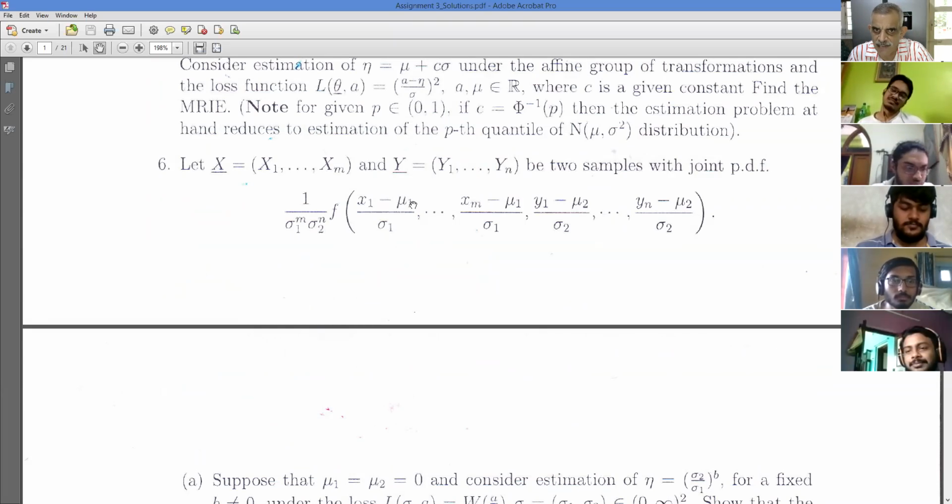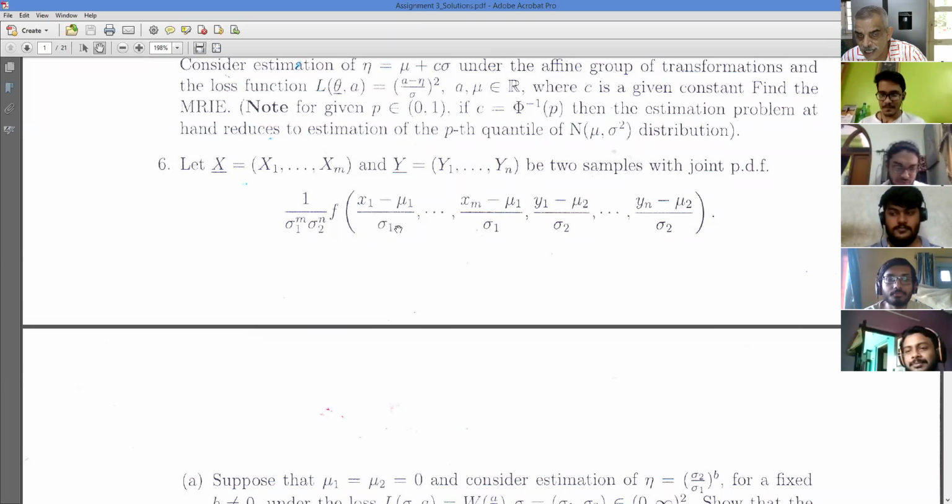Two degrees of freedom are available, one through mu1 and sigma 1, another through mu2 and sigma 2. So what should be the group of transformations? Should it be same as in the univariate case? No, in the univariate case there was only one parameter, mu1 and sigma 1 were there. Now there are two. So that means for y's I can use a different one, right? Yes, sir. For y's I can use a different one.